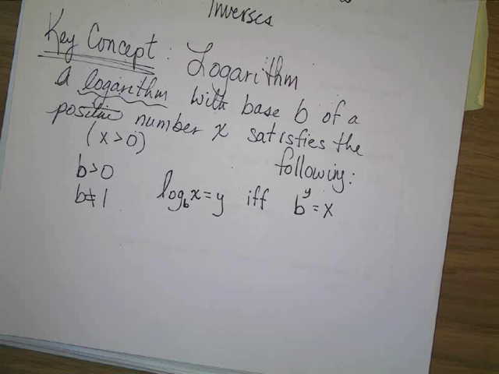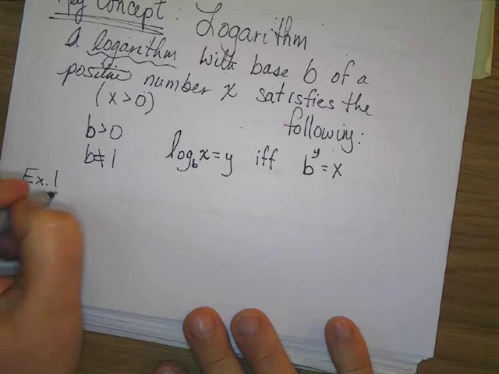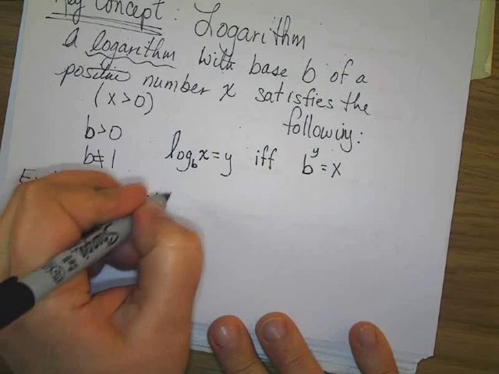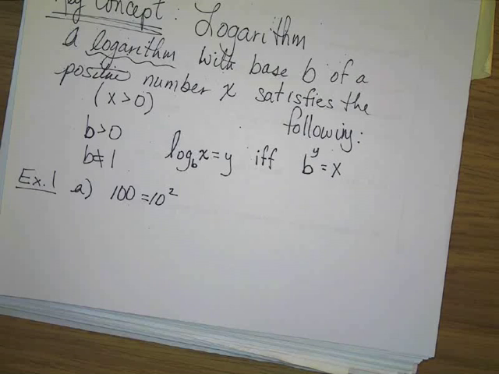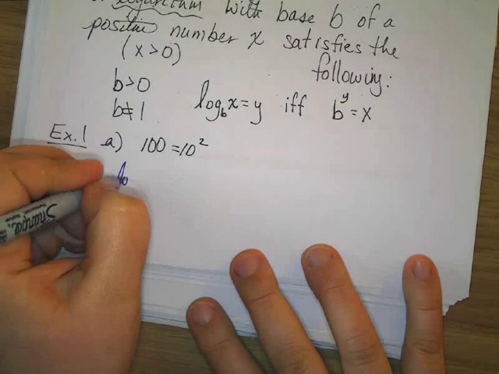All right, let's do something. We're just going to practice switching the forms, okay? That's all we're going to do right now. Do you agree that 100 equals 10 squared? Yeah. Okay. We're just practicing writing it in a different form. We're not trying to prove or solve anything. So let's rewrite this in logarithmic form.